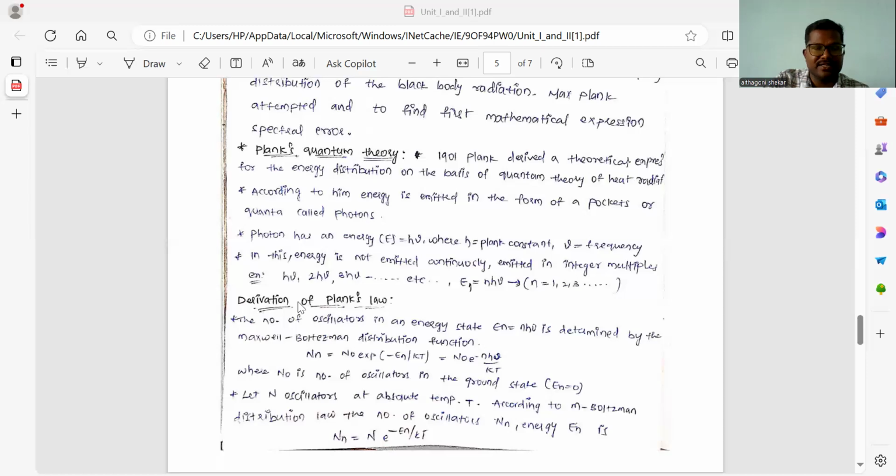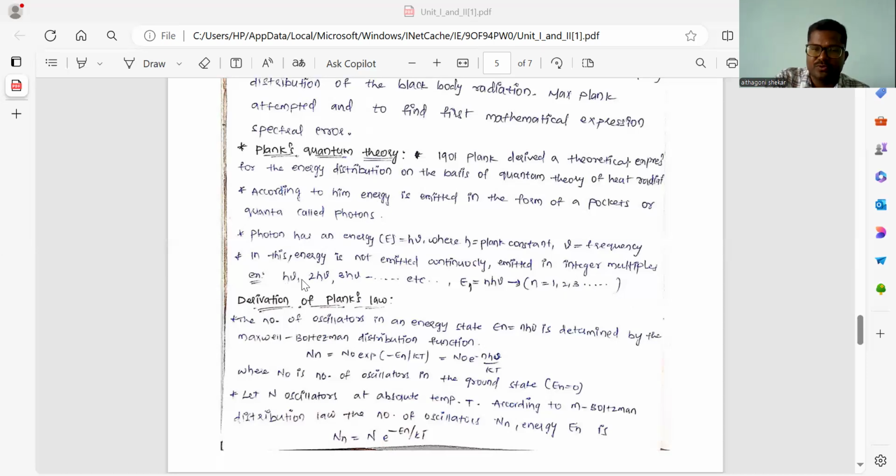There is another point: the energy is emitted in integer multiples. Integer multiple means not continuous from 0 to infinity, but equal to n h mu, where n is an integer: 1, 2, 3 up to infinity.